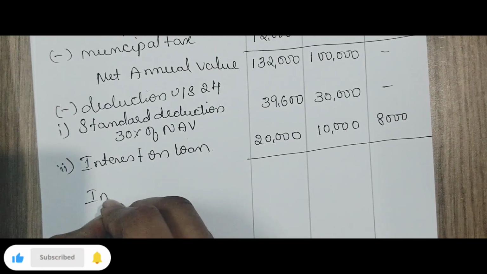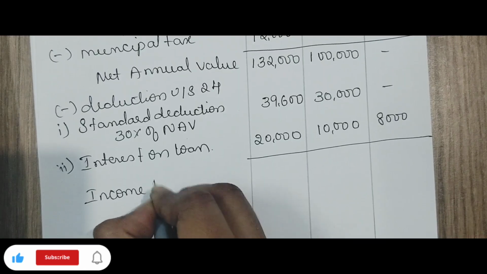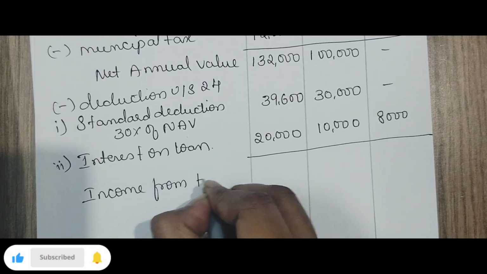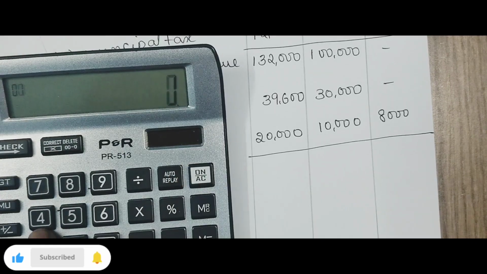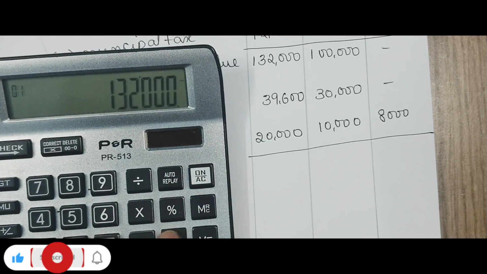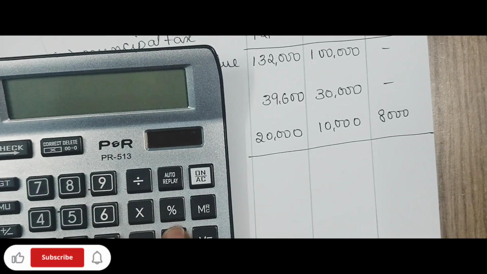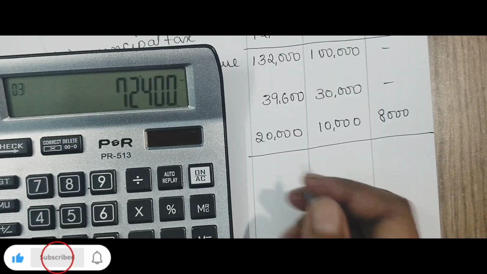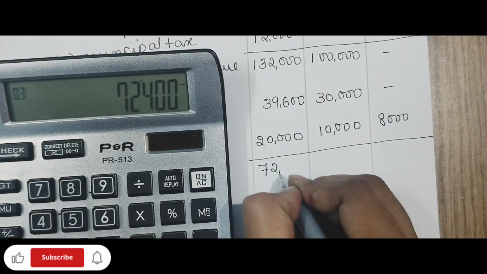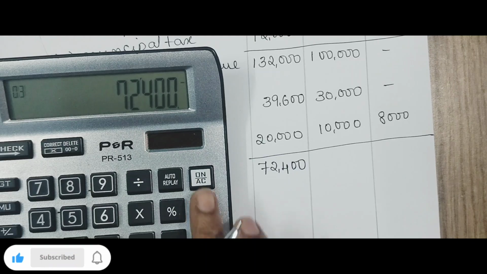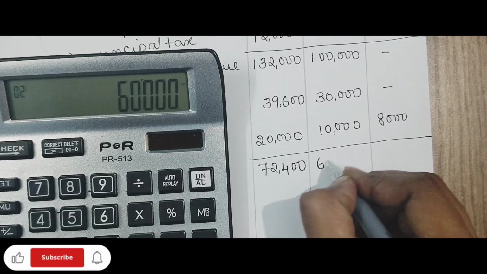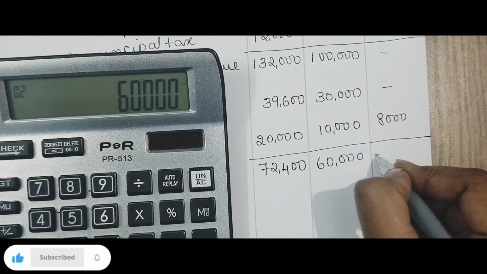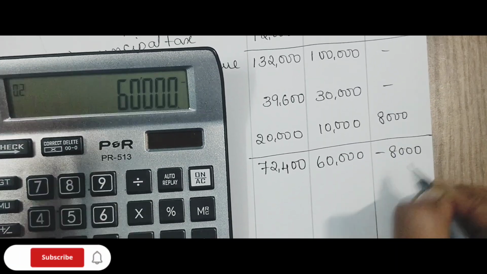Your income from house property is 1,32,000 minus 39,600 minus 20,000, which is 72,400. Then 1,00,000 minus 40,000 is 60,000, minus 8,000.